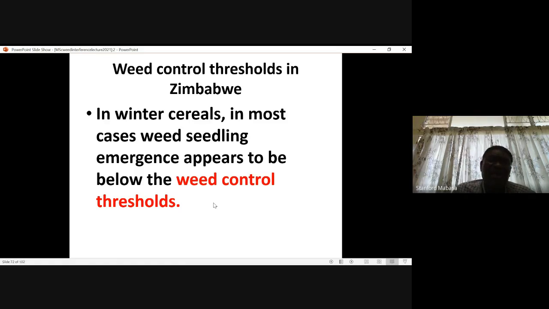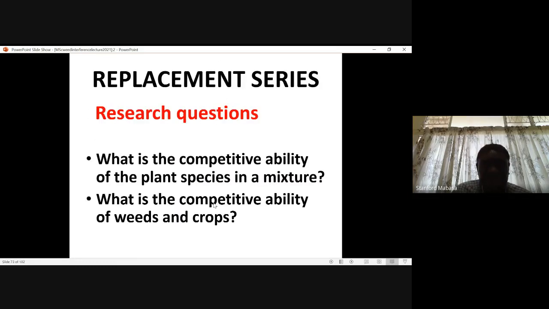So you may find that some farmers may not control weeds in winter wheat. But it also depends on the prevalence of frost. So I will stop here for a while.